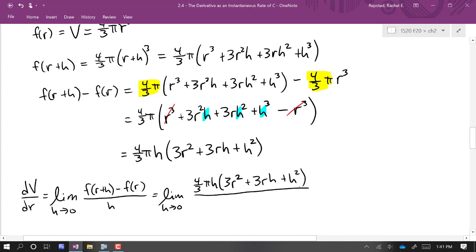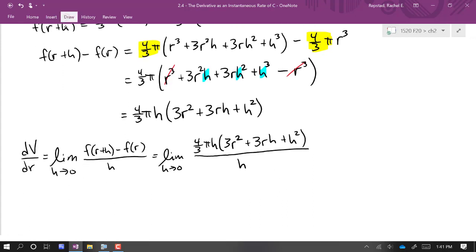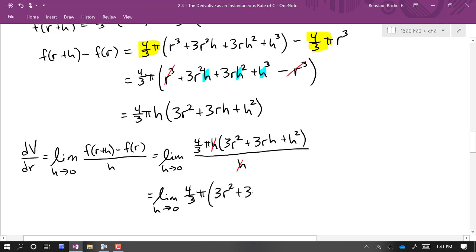In the bottom, you've got just a factor of h. We know what's coming now, right? We're going to cancel those h's. So we want the limit as h approaches 0 of 4/3 pi times 3r squared plus 3rh plus h squared.